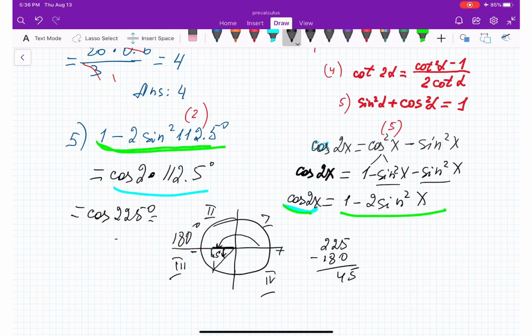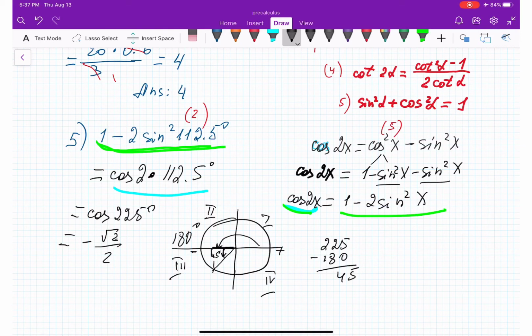Therefore, cosine 225 is going to be equal to negative square root 2 over 2. Because cosine 45 degrees, we know it's square root 2 over 2. Sine 45 degrees also square root 2 over 2. All we had to do is know which quadrant it is, so figure out the sign. And here we got negative square root 2 over 2. Okay?